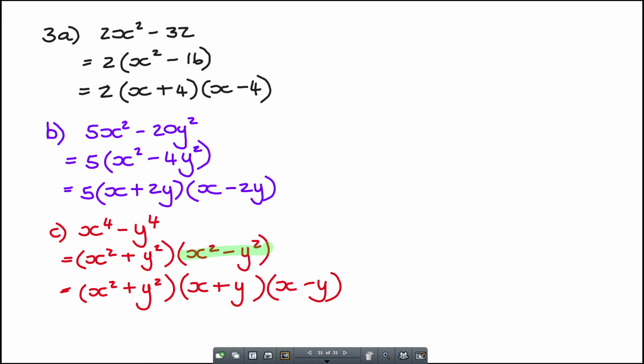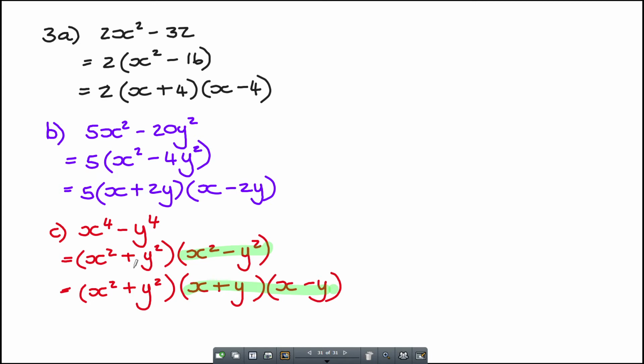Ask again, I couldn't hear. Factorizing. Why are we factorizing the second bracket? Because if you look at the second bracket, I have 2 terms. There's a minus in between, and I can get square root of both those terms. So that can be difference in 2 squares again.